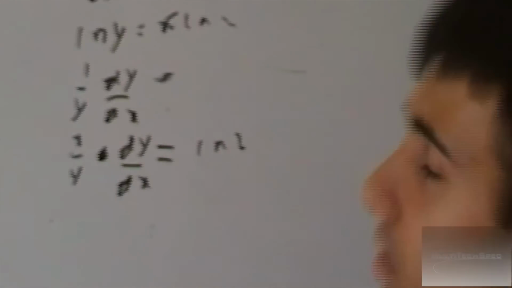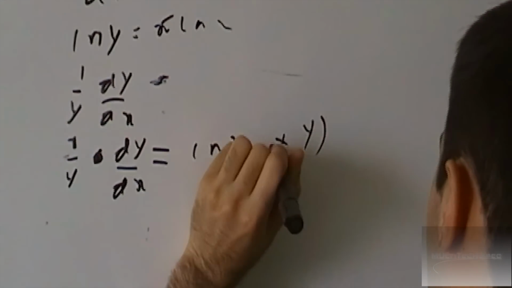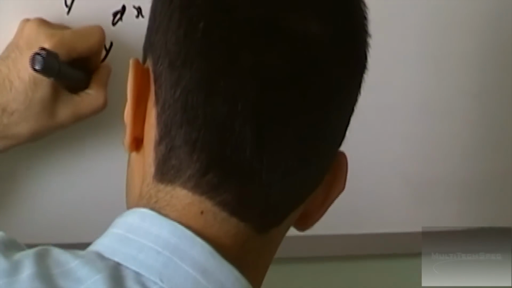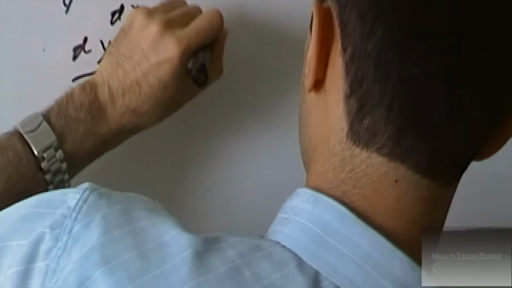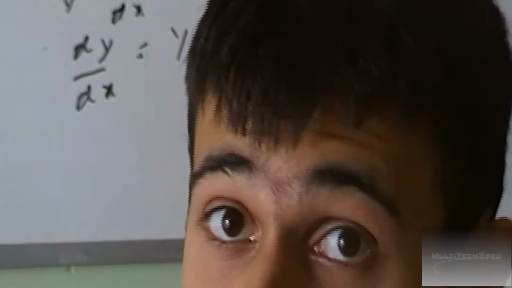Now if I multiply both sides by y, you will get dy by dx is equal to y ln 2.